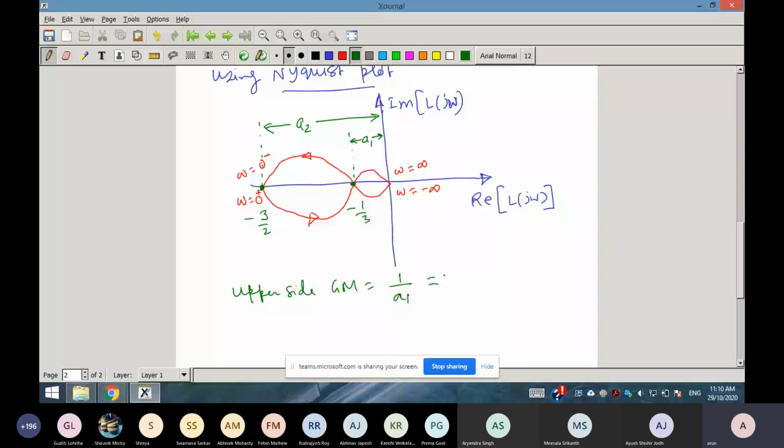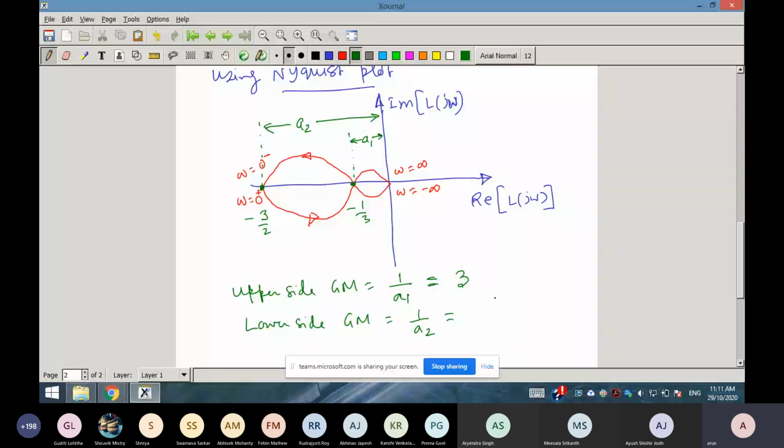Gain margin, phase margin is not so easy a thing. Using Nyquist plot, Bode plot, even lower side gain margin, upper side gain margin, you will not get in books. In books they have only considered upper side gain margin. Lower side gain margin you will get only in some journal papers. So 1 by A1 means 3. Lower side GM equal to 1 by A2, that will be equal to 2/3.